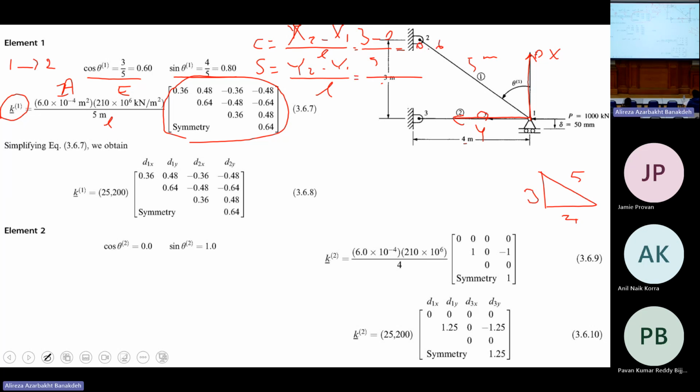What is y2? 4 minus y1, 0, because this is y. The horizontal axis is y, divided by L, which is 5, which means 0.8. This is C, this is S.